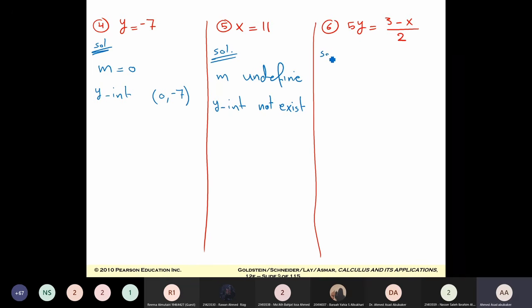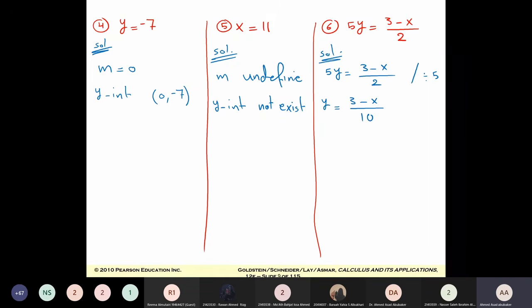Number 6. Firstly, divide by 5 because we need y alone on the left-hand side. So we have y equals 3 minus x over 2, and we have 5, so we have 10 in the denominator.